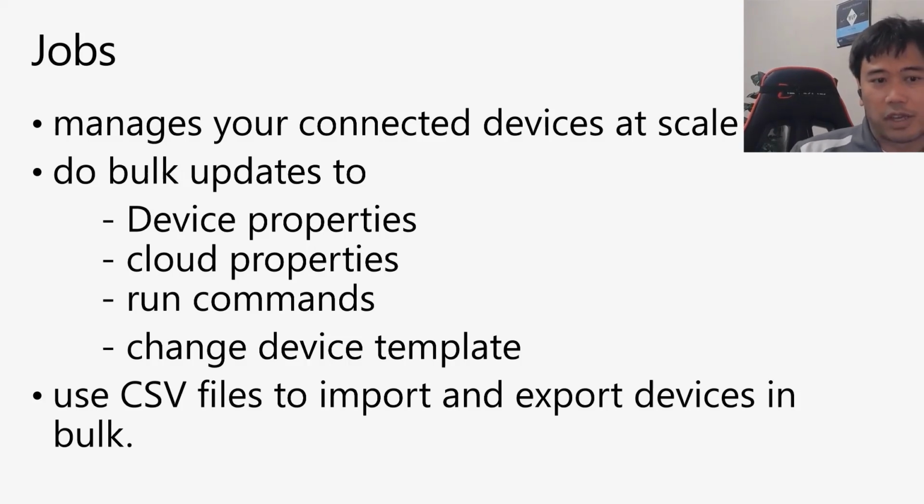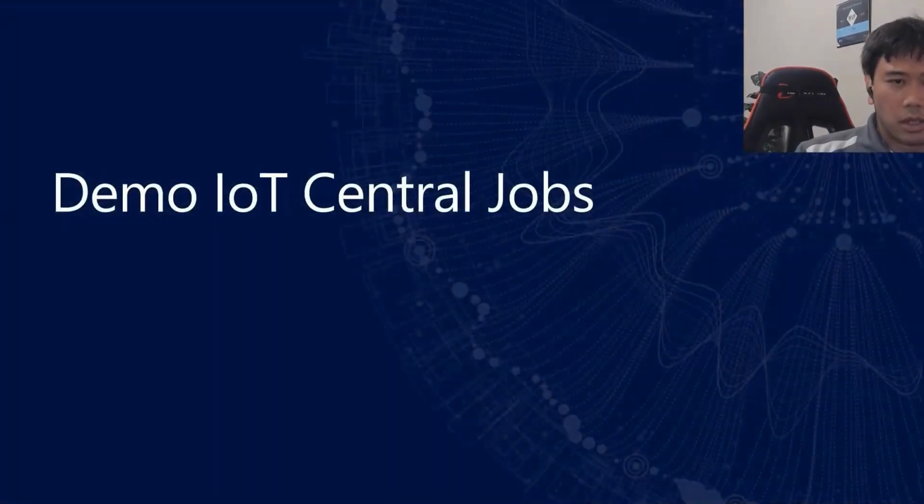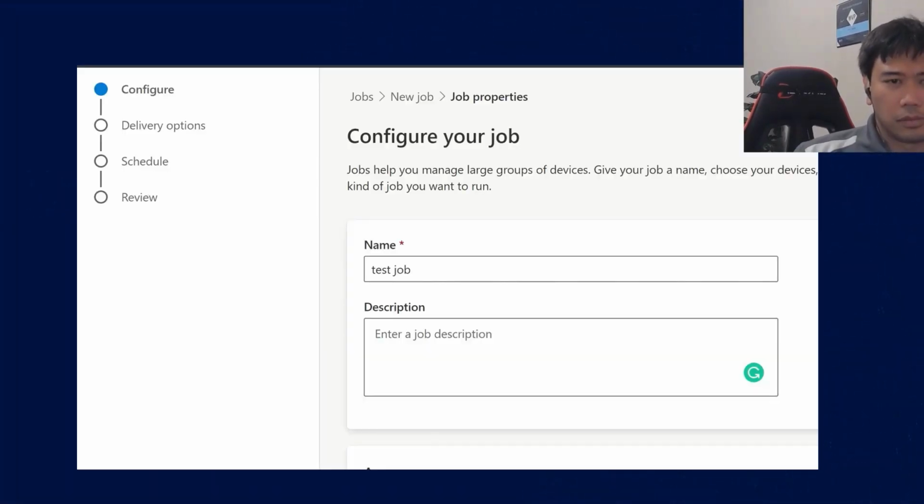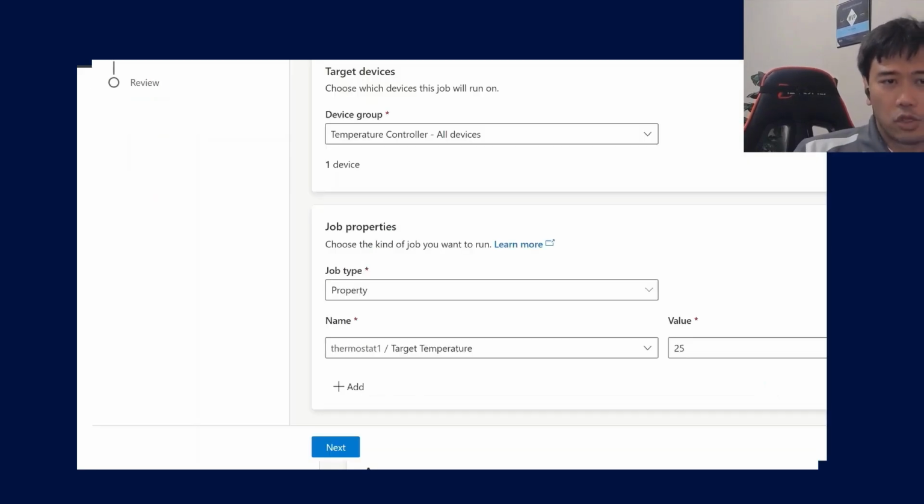So if you want specific devices that you want to manage, it would look something like this, where you can go to jobs, configure it, and specify the name of what you're trying to do. You specify the device group, in this case, all my temperature controllers, and I want to change the property, the target temperature. In this case, I want to change it to 25.